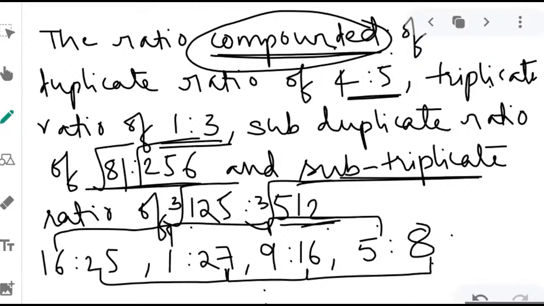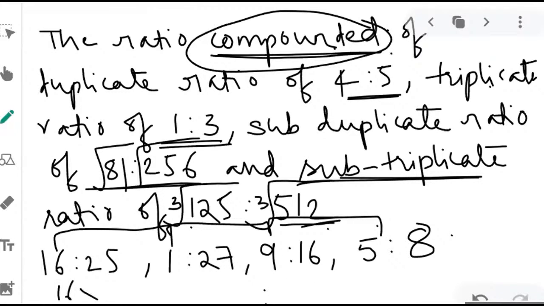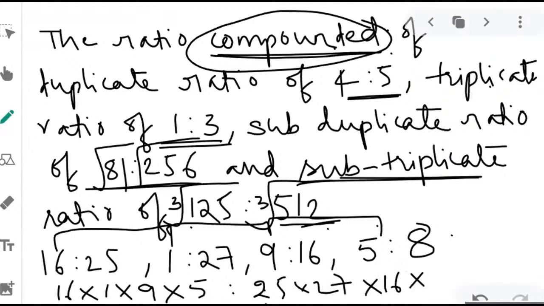So 16 into 1 into 9 into 5 is to 25 into 27 into 16 into 8.